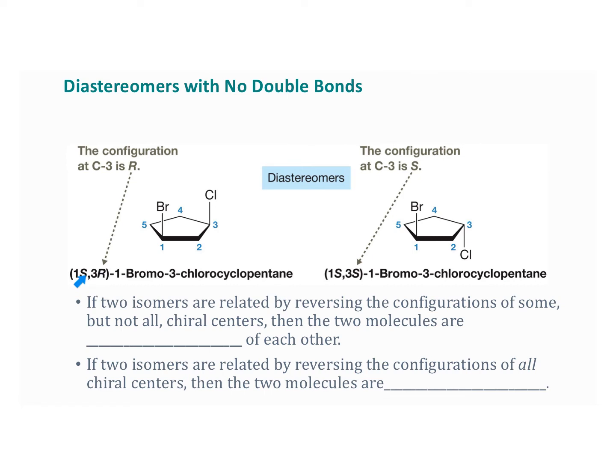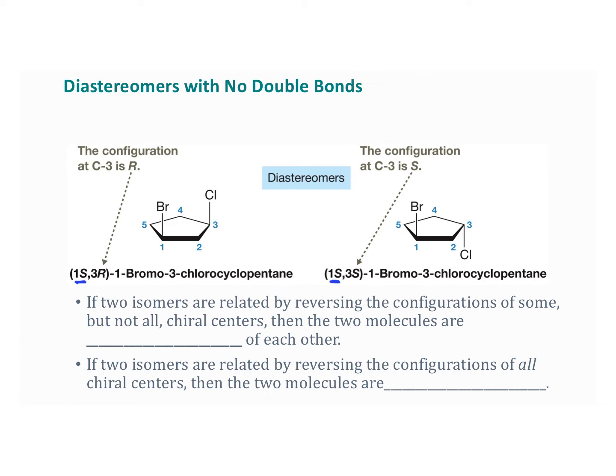So this is an S, then that would be an R, that's an R, and that would be an S. Only one of them is flipped, so this S here stays the same. These are not enantiomers because both of those things have to change. They're not the same molecule either, because if they were, those would be the same. Only one changes, which means these are diastereomers.